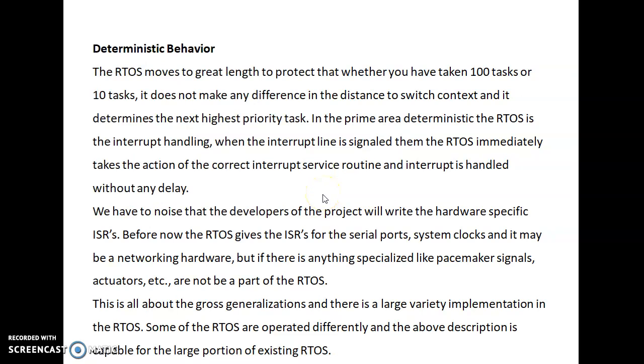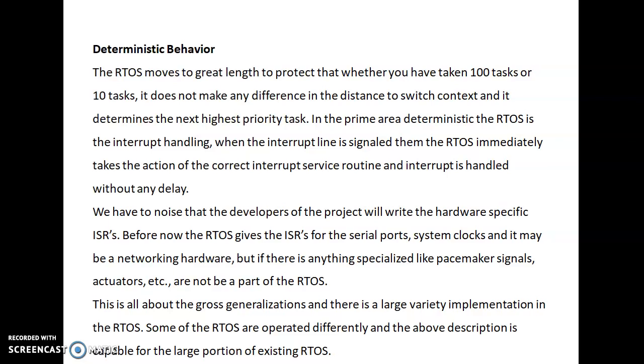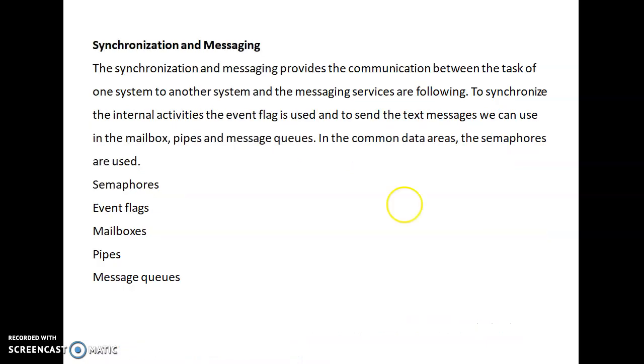Deterministic behavior means the system must perform complete operations as per the schedule or specifications. There should not be more delay or wait time for each task to run on the CPU.